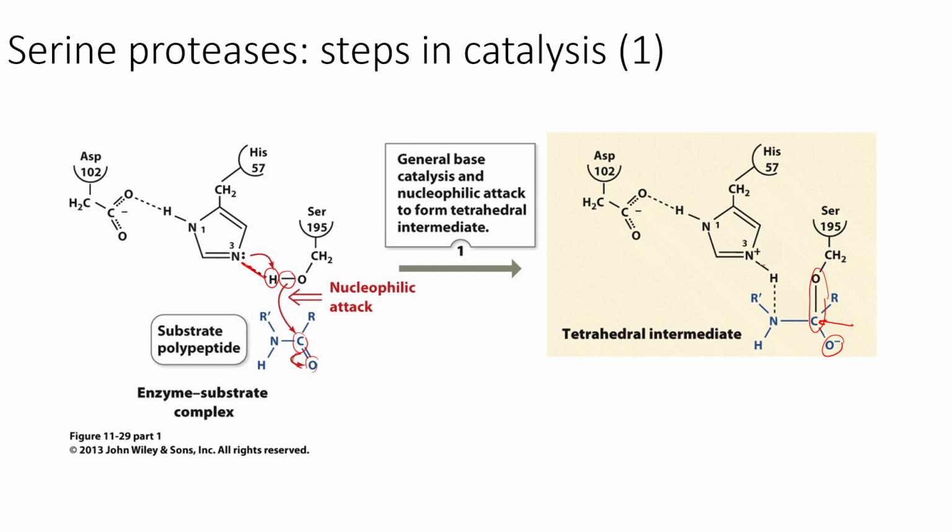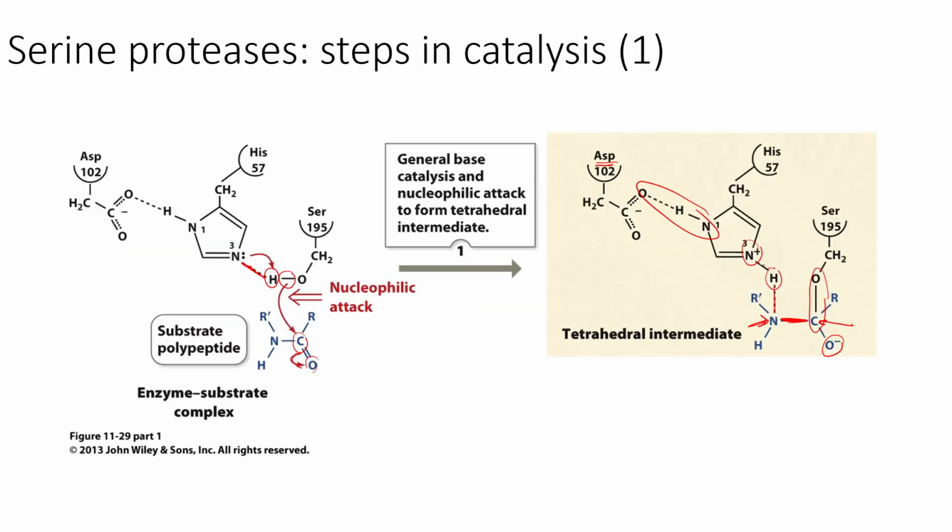We also have in our imidazole ring from that histidine the proton that was originally part of the serine, now attached to that imidazole ring, and it is able to form a nice hydrogen bond with the amino group that's part of the peptide, the other end of this peptide bond that we're going to break. So both ends of the peptide bond are being stabilized by the amino acid residues in the catalytic triad. Meanwhile, aspartate is off to the side. It's doing its job. It's helping to stabilize this other end of the imidazole ring on the histidine, but it's not directly interacting with our substrate.